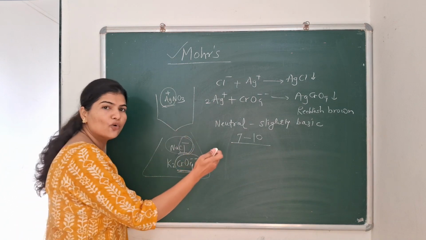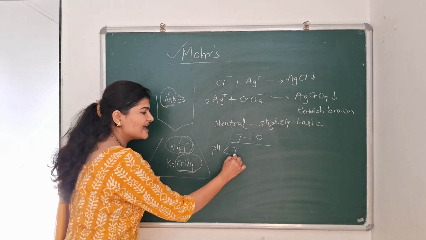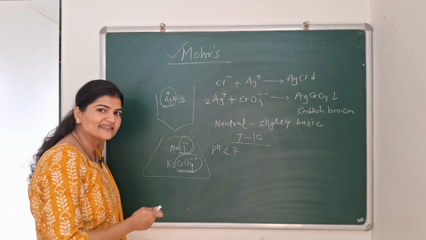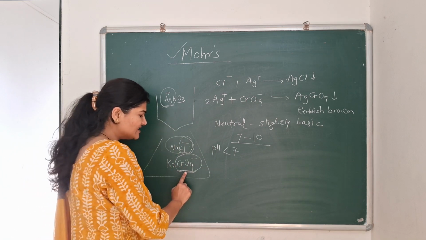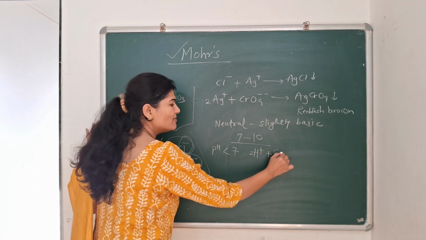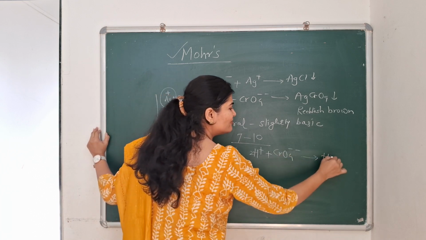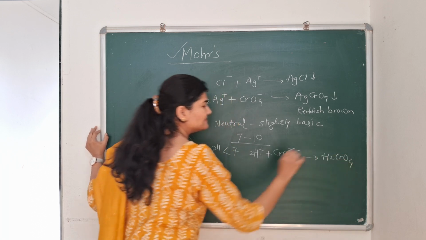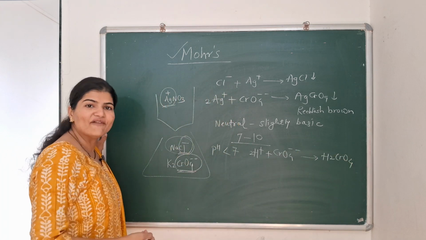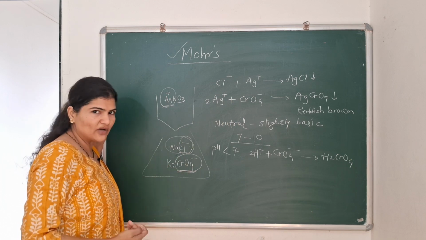Because if the pH is less than 7, the solution is acidic. In that case, there will be H plus ions present, and the chromate ions will immediately react with the H plus ions to form chromic acid. Now they are no more available to act as an indicator. So acidic medium we have to avoid.